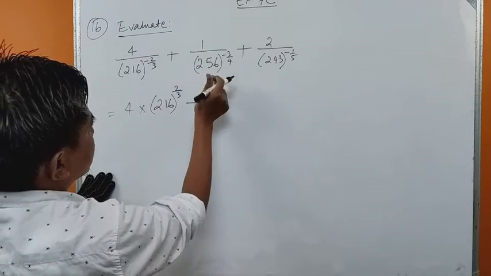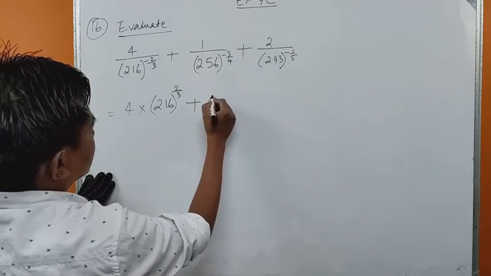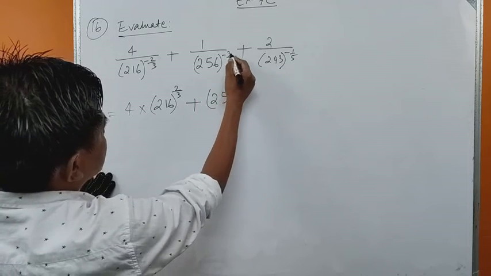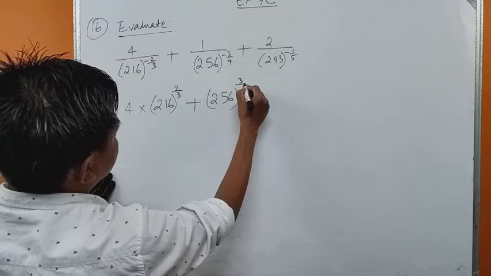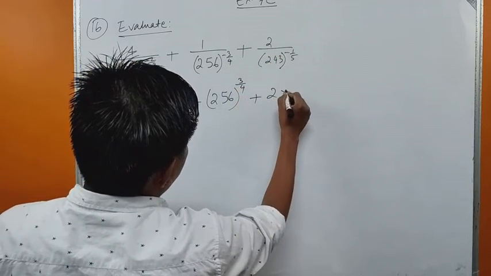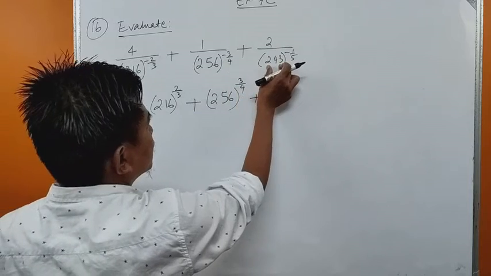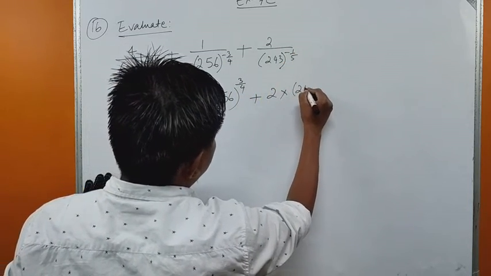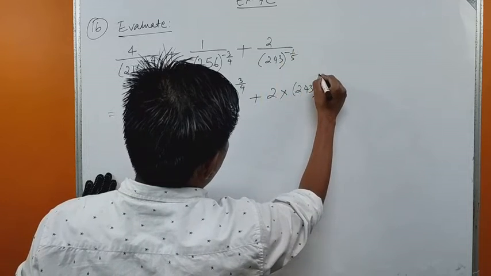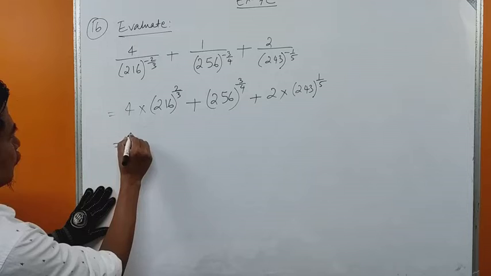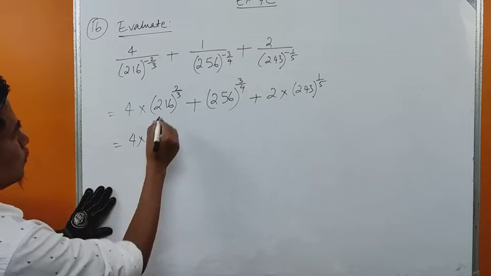So we bring this number to the numerator, 256 whole to the power minus 3 upon 4 becomes plus 3 upon 4, plus 2 into 243 to the power minus 1 upon 5 becomes 243 to the power 1 upon 5. Okay, now this is 4 into 216.